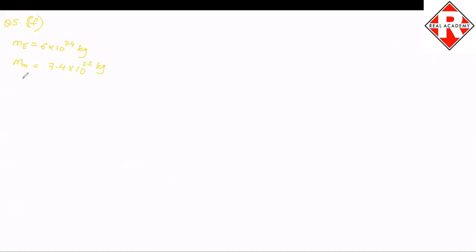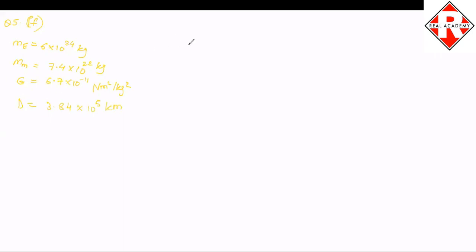What else is given? Gravitational constant is given, that is 6.7 into 10 raised to minus 11 Newton meter square upon kg square, right? And the distance between the two objects, between earth and moon, is given, that is 3.84 into 10 raised to 5 kilometers.